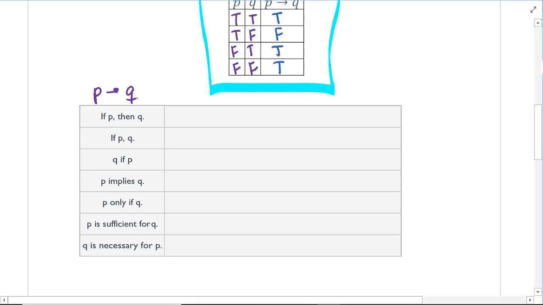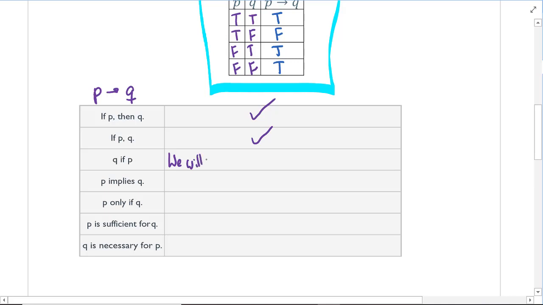So of course, if P then Q, we already wrote that down. We don't need to write that again. If P, Q, actually that was the original statement, and then when we added the then, we saw that in there as well. Q if P. Well, Q is we will have class at the beach. So let's write that first.